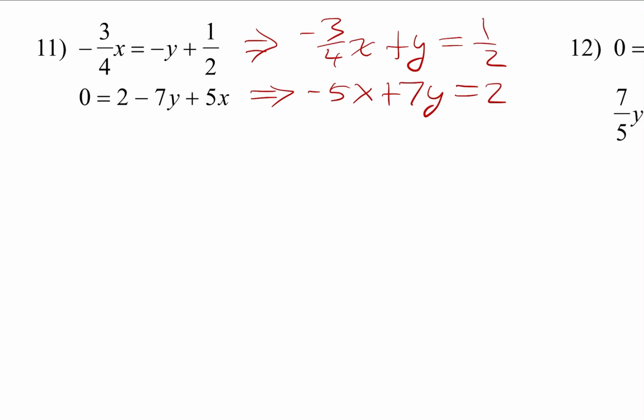Now, if for some reason you don't want to deal with fractions, we can always look and see what can make these into a common coefficient. I'm thinking a common coefficient could be 15. If I multiply this one by 20, and I can multiply this one by 3.